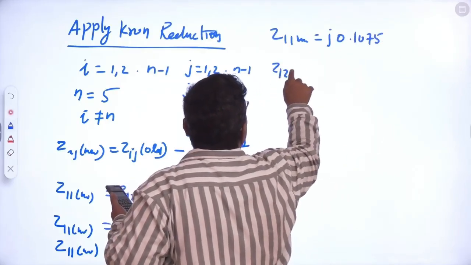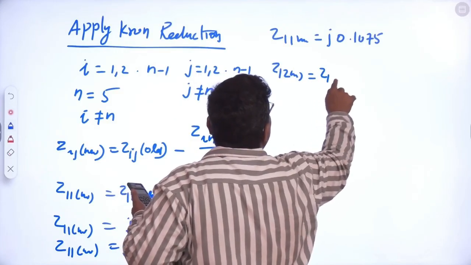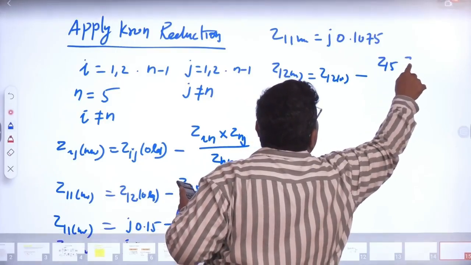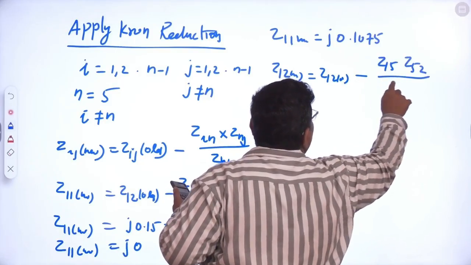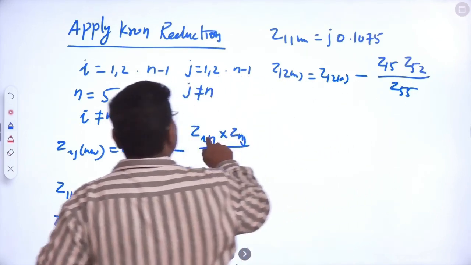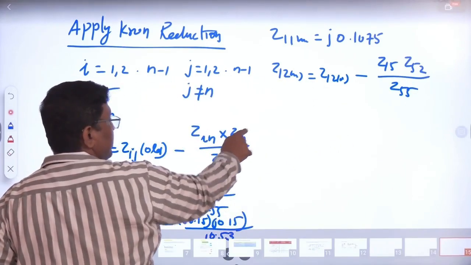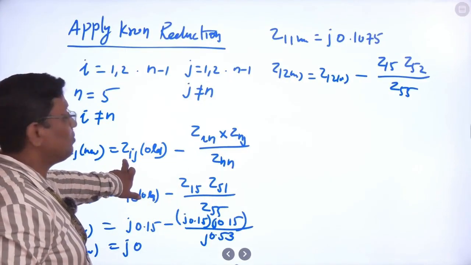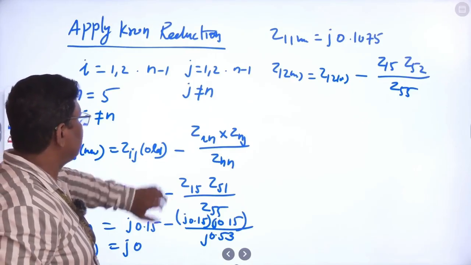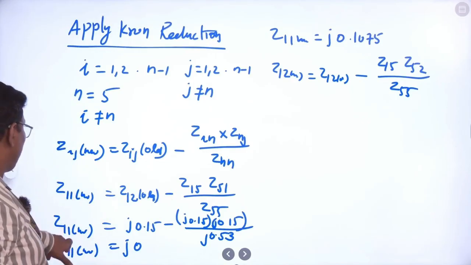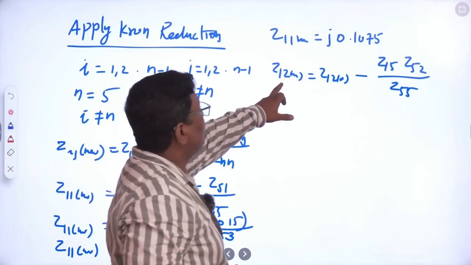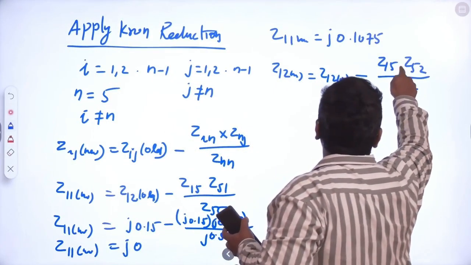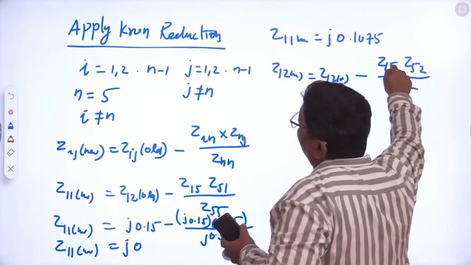Similarly, Z12 new equals Z12 old minus Z15 into Z52 divided by Z55. So here Zin into Znj: for example, we can consider i as the starting bus number and j as the end bus number. Z12 means 1 is the starting bus number, 2 is the end bus number. Here n is 5.